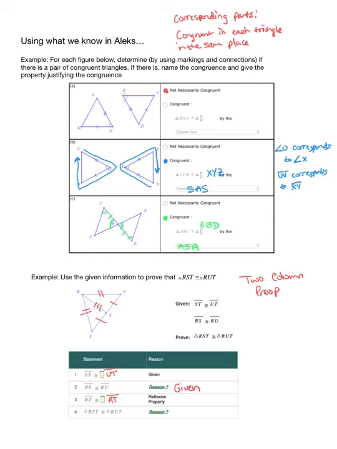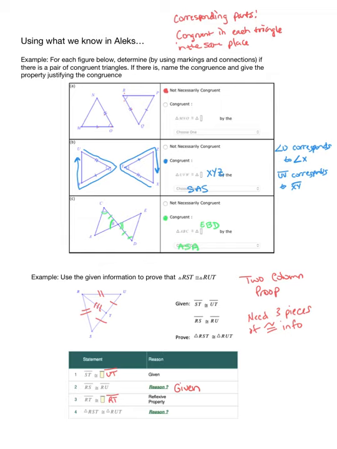So look at your picture. How many pieces of congruency information do we have for each triangle? We have 3. Need 3 pieces of congruency info. We have 3 pieces, so now we can say the triangles are congruent.